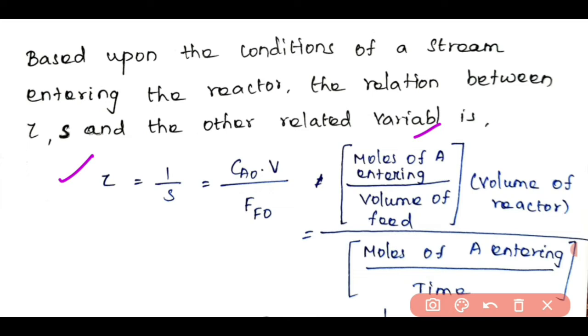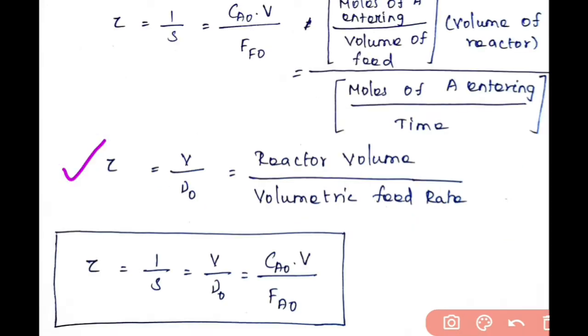Then V is the volume of the reactor, and Fa0 is moles of A entering divided by time. Then tau is also equal to V by v naught, where V is your reactor volume and v naught is the volumetric flow rate. So finally tau is equal to 1 by S, that is equal to V by v naught, that is equal to Ca0 into V divided by Fa0. This formula you should know to derive the performance equation of the mixed flow reactor.